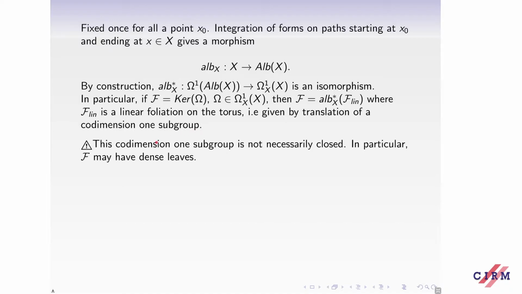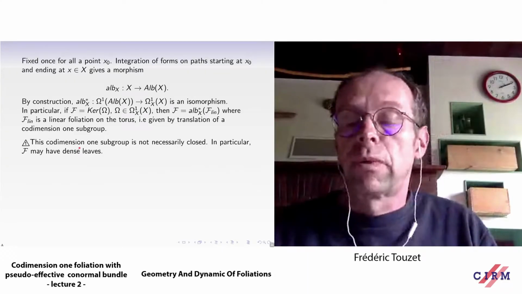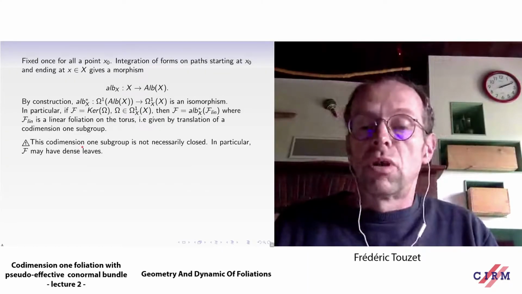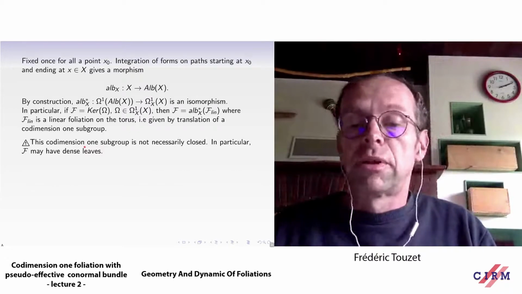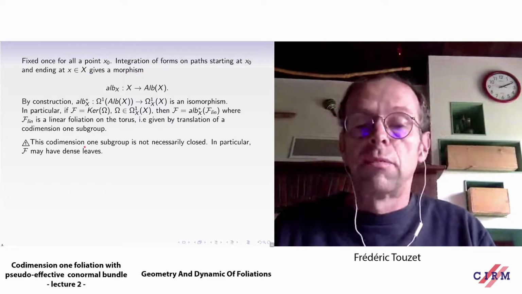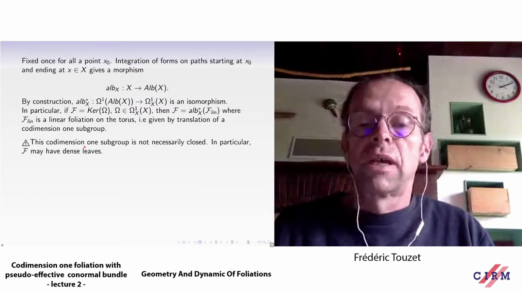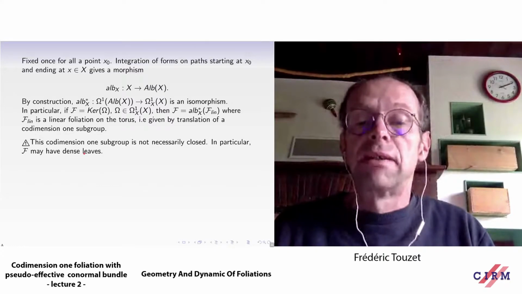And of course, you have to pay attention that this codimension one subgroup is not closed in general. In general, it is something which is dense. In particular, one can obtain foliations on X given by holomorphic one-forms and having dense leaves.